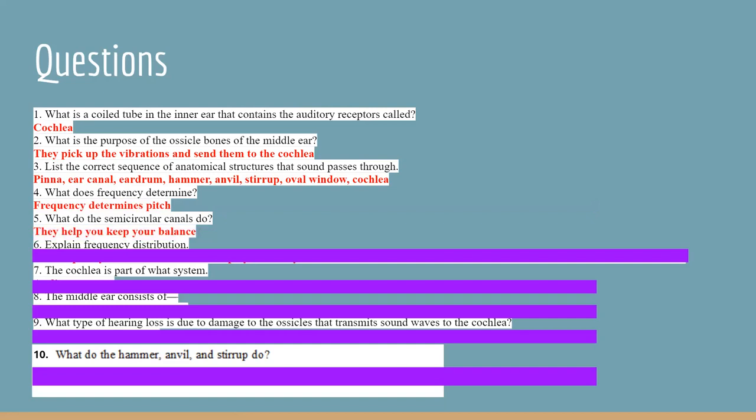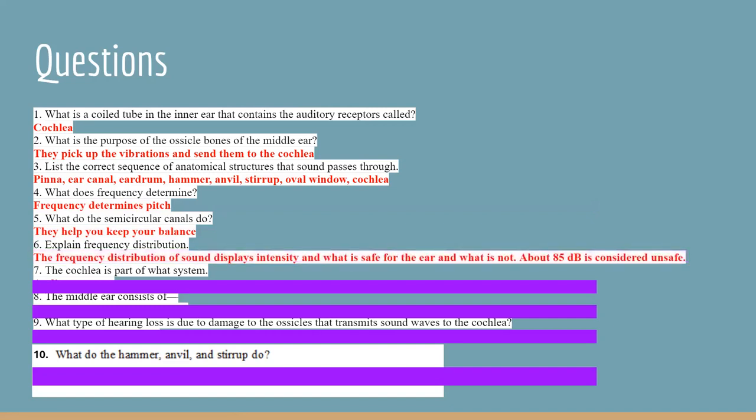All right. Explain frequency distribution. Frequency distribution of sound displays intensity and what is safe for the ear and what is not. Well, I think it was supposed to say above 85 decibels is considered unsafe. The cochlea is part of what system?